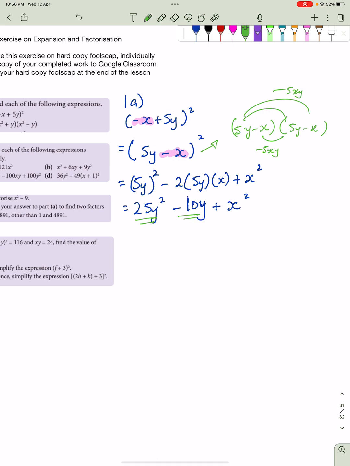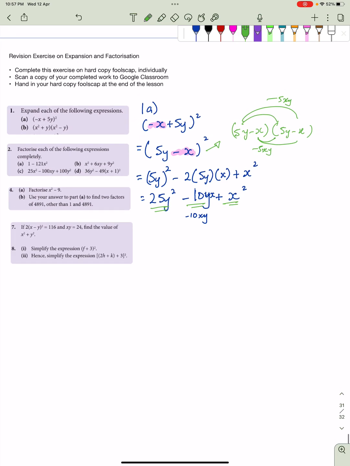So you still get back your negative 10xy. And lastly, when you take minus x times minus x, you get back your x squared. So whichever method you do, you should get back the same answer. Okay, so that's for 1A.